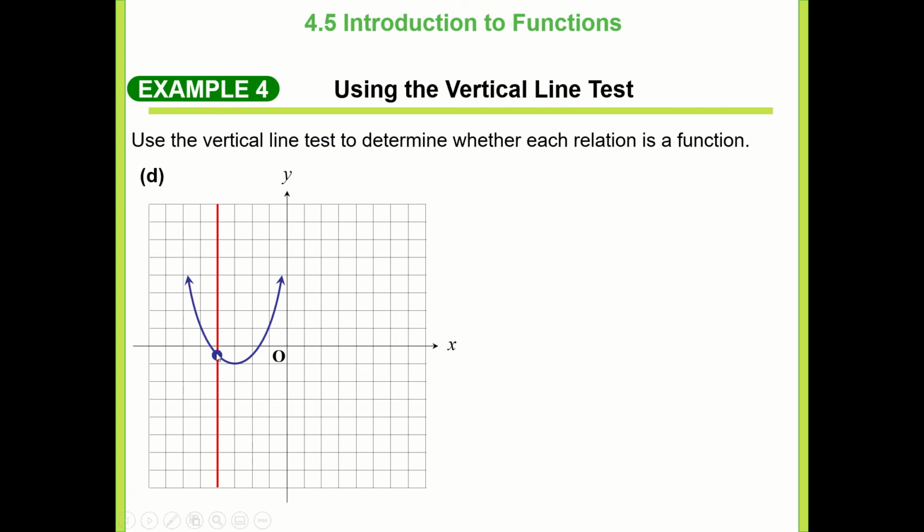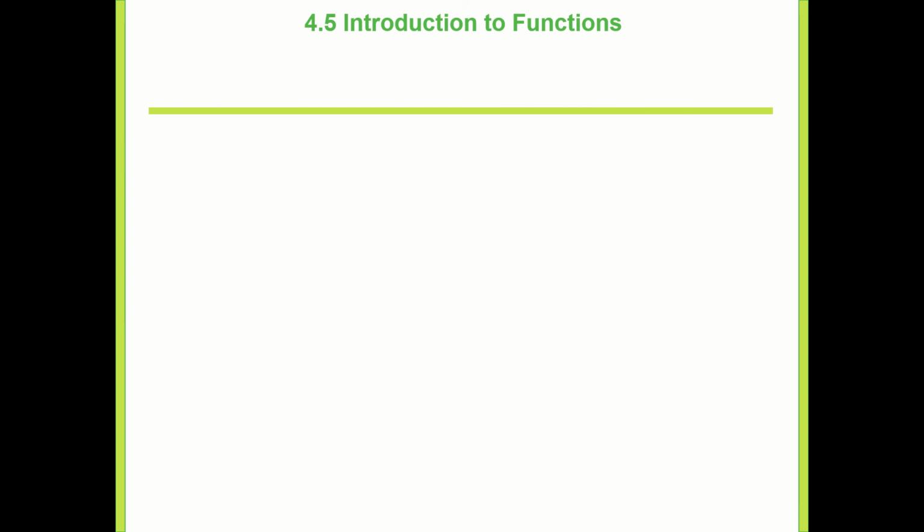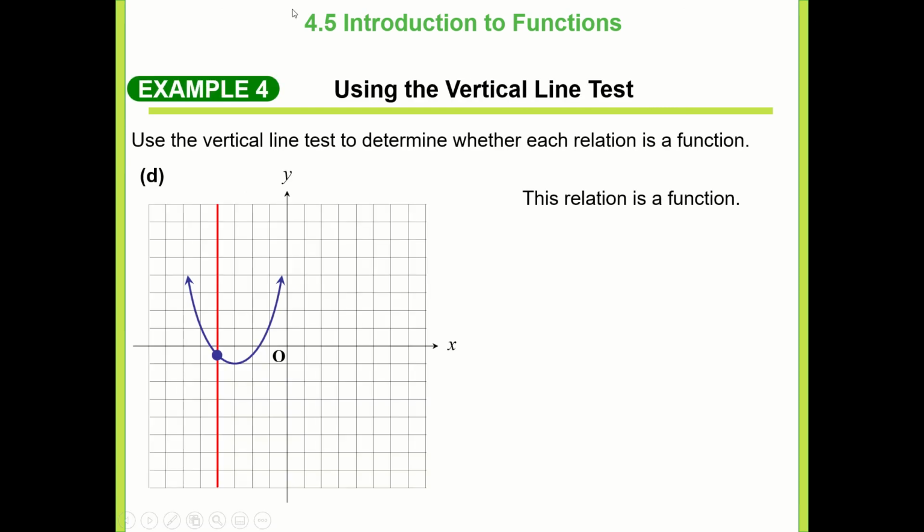I draw a line and I have only one value, one dot. If you draw a line and have one dot, then it's a function. This is the rule here. And this is the end of this course.